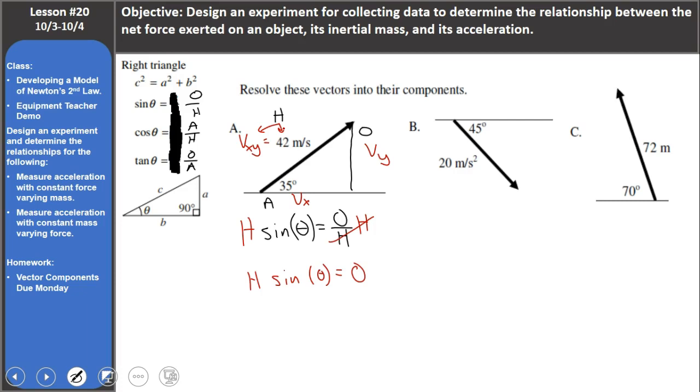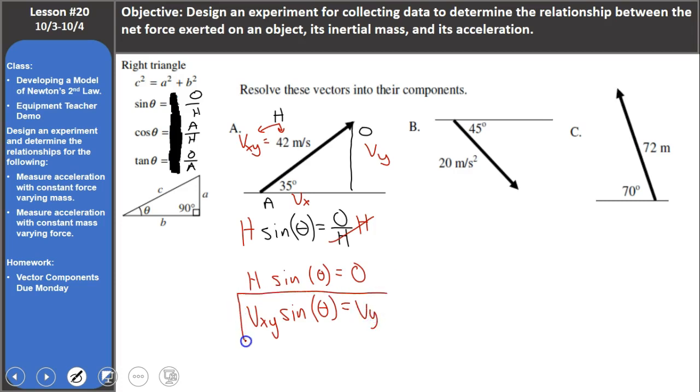So, how do we turn this equation into something that has usable terms? Well, h corresponds to what? So Vxy, the opposite corresponds to Vy. Does everybody understand that?